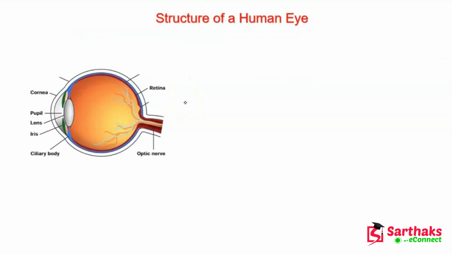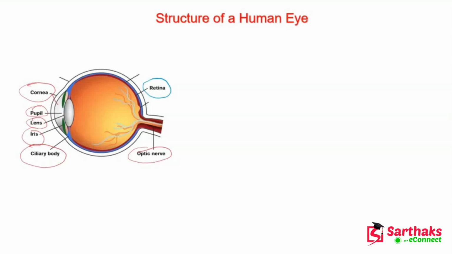Here in this slide, the structure of a human eye is given. These are the components: retina, optic nerve, ciliary body, or you can say ciliary muscles, iris, this is the lens, this is the pupil, this opening, and this is the cornea.